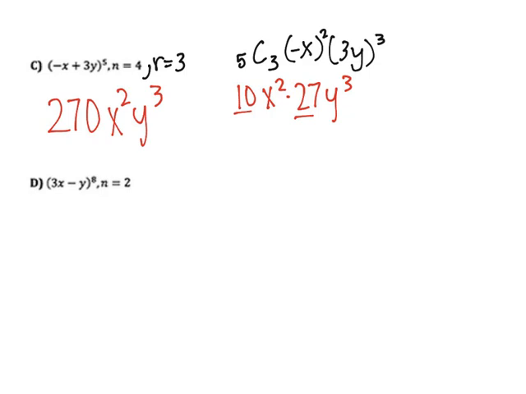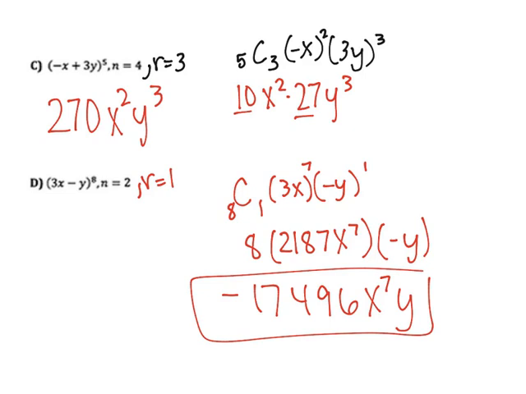All right, so pause the video and try to do D by yourself. Okay, you should have gotten negative 17,496 x to the 7th y. If you did not, look at my steps, and that's it.